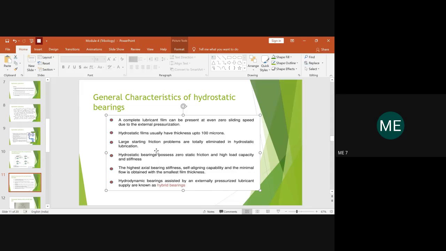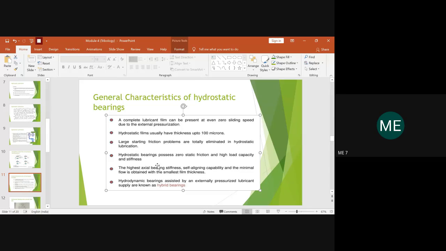So that you have to understand. And thirdly, hydrostatic bearings always possess zero static friction, and they have high loading capacity and stiffness value. So in the case of hydrostatic bearings, there is zero static friction, high load bearing capacity even at low speed, and a good stiffness value. This is one more characteristic.